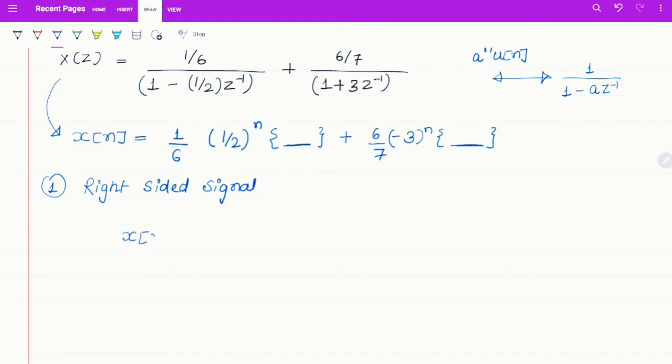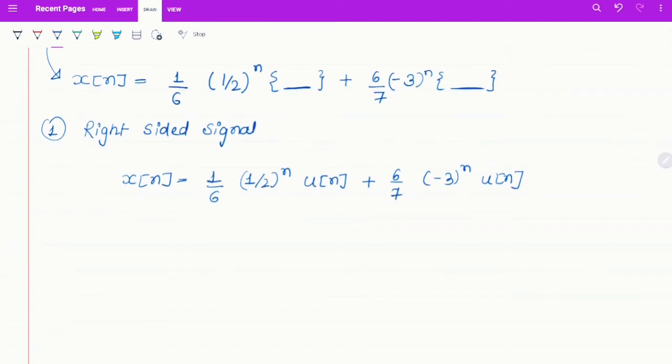If this is a right-sided signal, then x of n is equal to 1 by 7 (1 by 2) to the power n u of n, plus 6 by 7 (minus 3) to the power n u of n. So what about the region of convergence? Here mod of z should be greater than, because it is a right-sided signal, mod of a, that is mod of 1 by 2, and this is for this one.